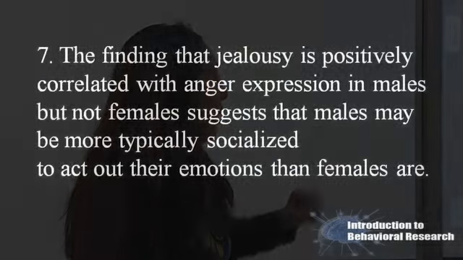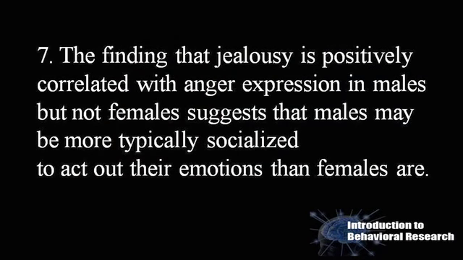Was positively correlated with expression of anger outward. Conclusion, interpretation. Okay. Number 7, the finding that jealousy is positively correlated with anger expression in males but not females suggests that males may be more typically socialized to act out their emotions than females are.